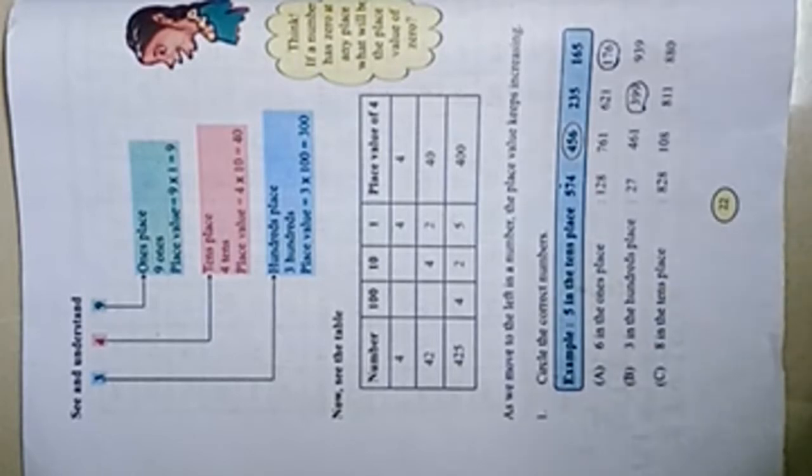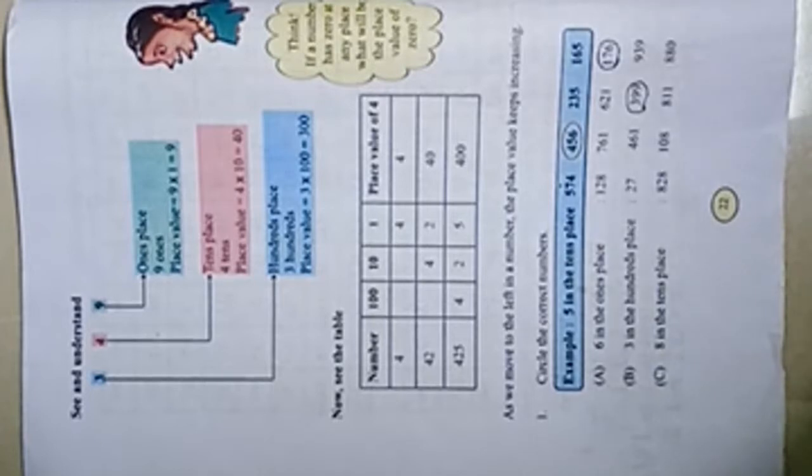Let's begin our session. In the last class, we have learned already how to write place value of the digit and face value of the digit. Very, very important topic we have already learned in the last class.